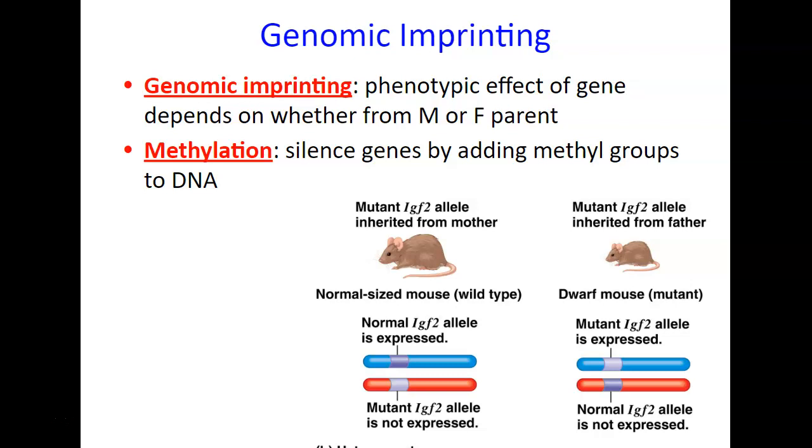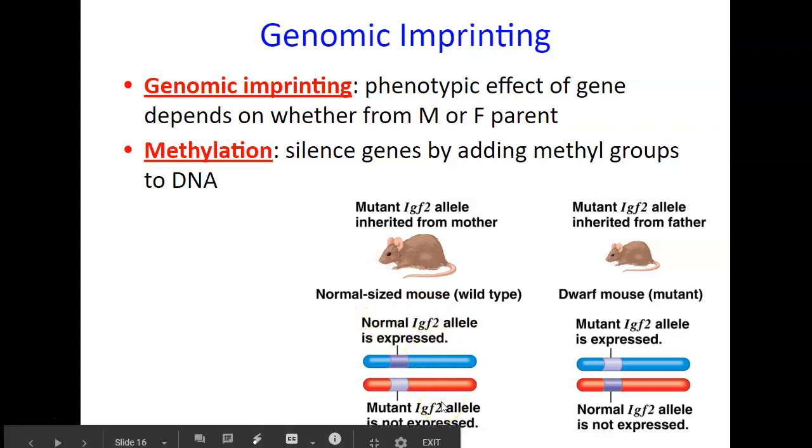So for certain genes, for example, if the mutant allele is inherited from mom, you have a normal-sized mouse because the normal version is expressed and the mutant one is not.